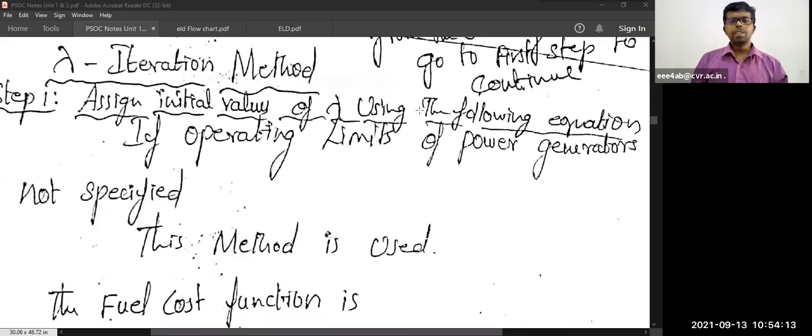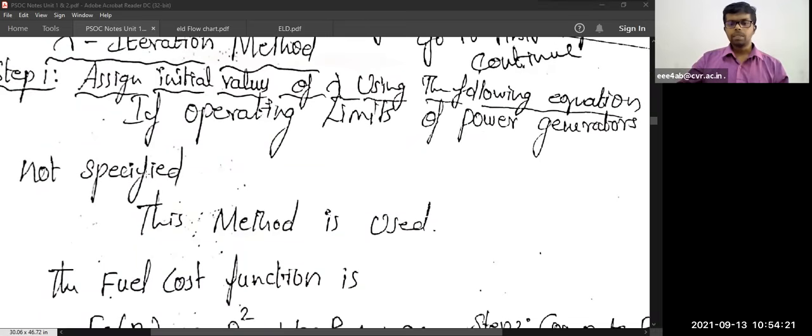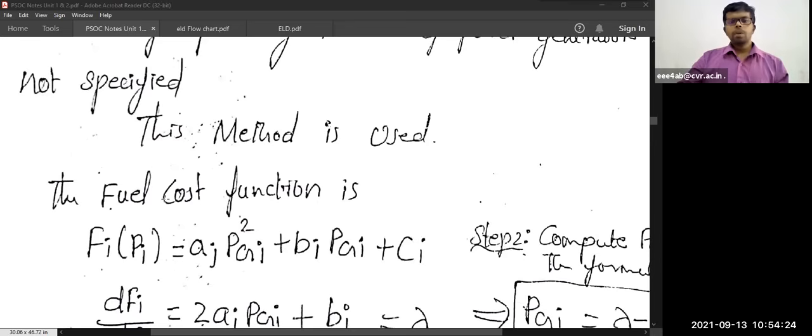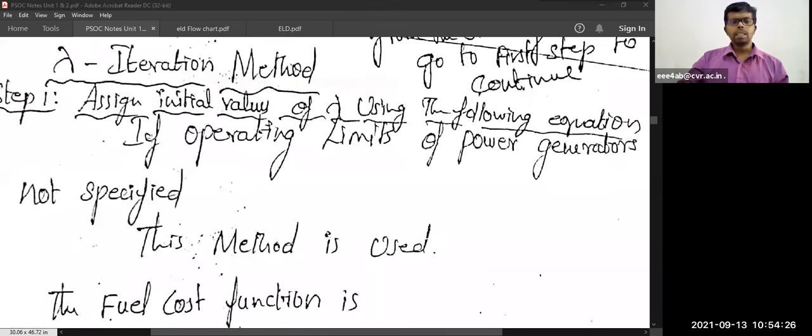Assign the initial values of lambda using the following equation. If the operating limits of the power generation are not specified, this method is used. So first we need to find out what lambda is, because step number 1 is to assign the initial value of lambda.